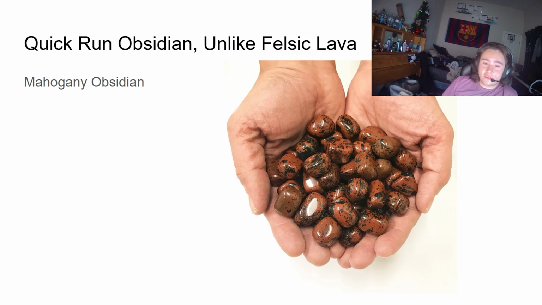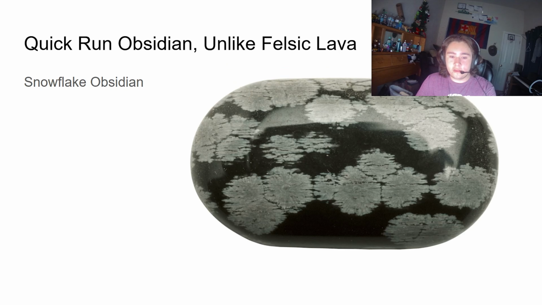So we're going to go ahead and do this quick run. Mahogany obsidian. It's red because it forms with inclusions of iron. This obsidian can be found in the Glass Buttes area in Oregon. The next one is snowflake obsidian. As you see, it has this snowflake kind of pattern.